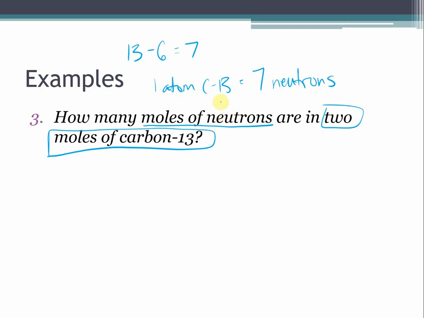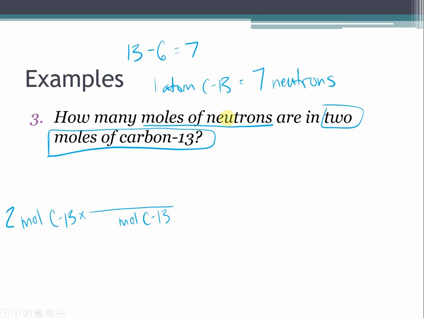So now we're going to work through this problem. Here we have 2 moles. We're going to start with what we know, which is 2 moles of carbon-13, times a fraction. What goes up must come down, so we'll bring moles of C13 down.